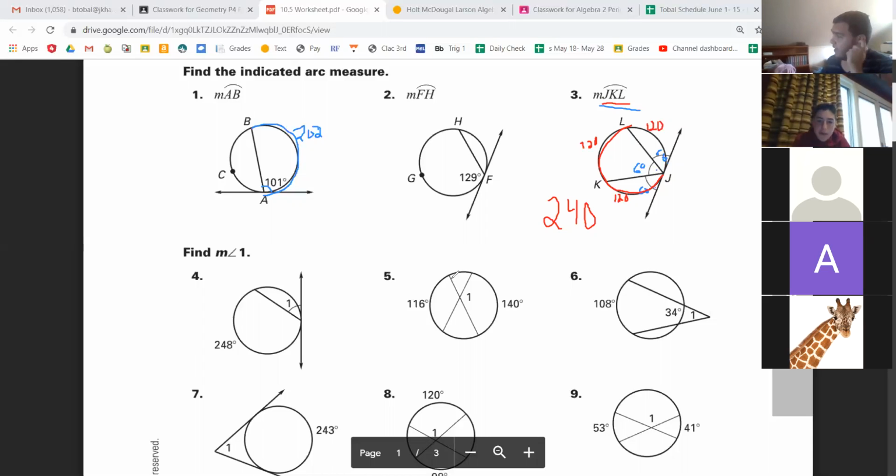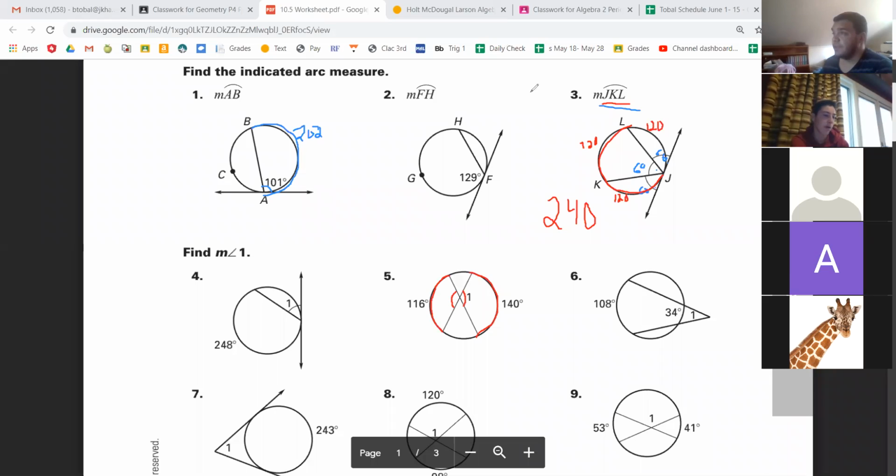So when it's inside the circle, when two chords are intersecting inside the circle, you're going to take the average. Inside, you add them. So you're going to take the average of the two arcs that are opposite of the angle you're looking for. This one and this one are the same measurement, and this one represents this arc, and this one represents this arc. So we're going to take the average of the two arcs they represent.